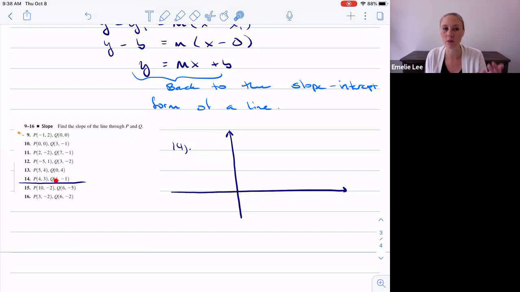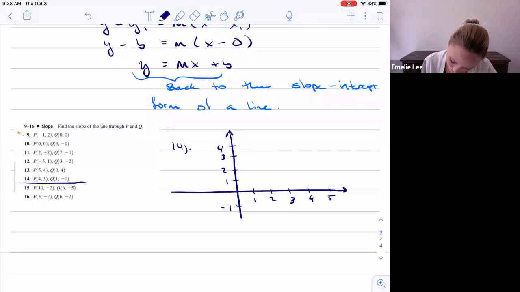So if I go to 4, then that's enough. And same thing for my Y's, I need up to 3, but also down to -1. So I'm going to put those on here.